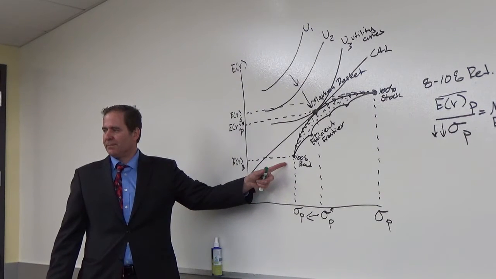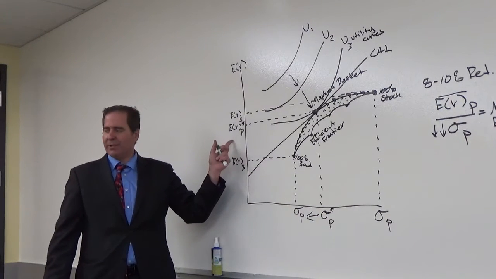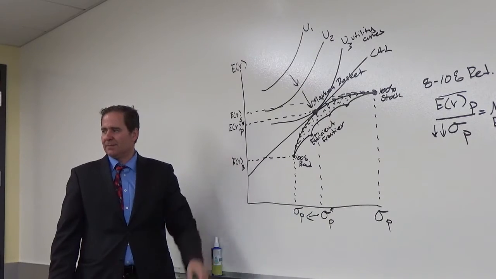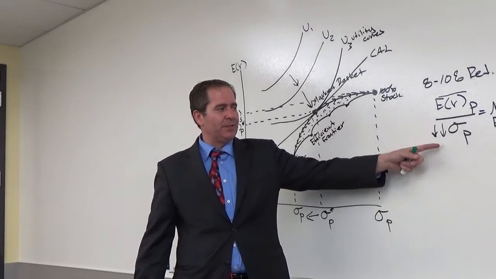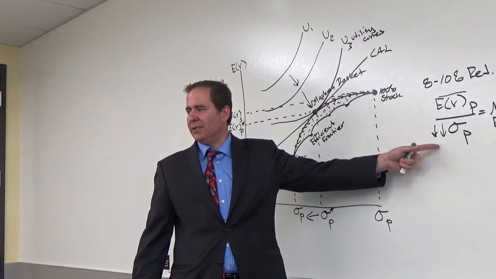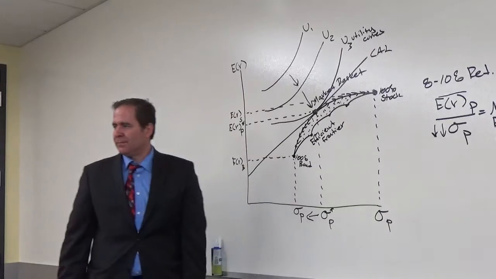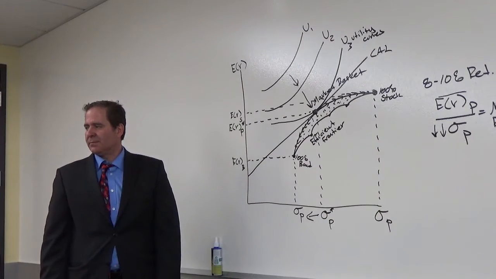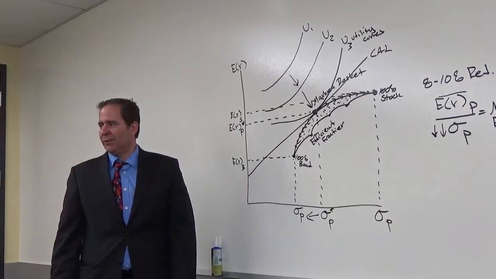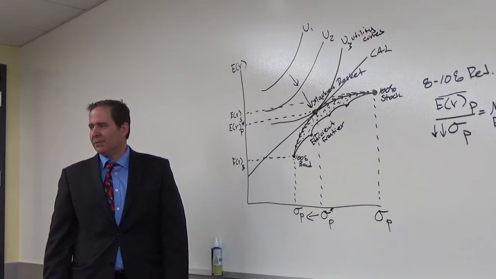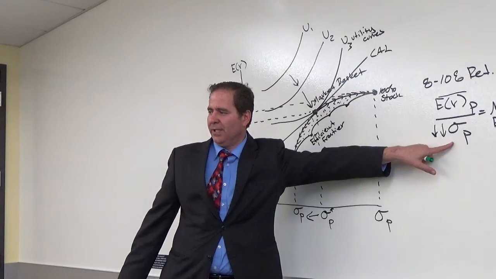This is the expected return on the portfolio. This is the portfolio standard deviation. This is the risk of the portfolio, the volatility of the returns in the portfolio. This is the standard deviation or the risk within the portfolio.